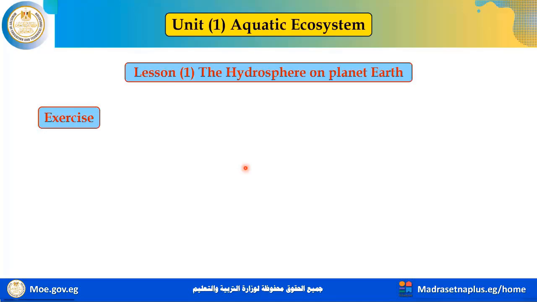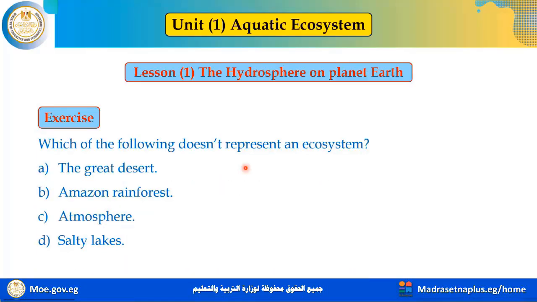Now let's check your understanding. After we talk about different points in the lesson, we need to check our understanding. Now, let's go for the first question. Which of the following doesn't represent an ecosystem?